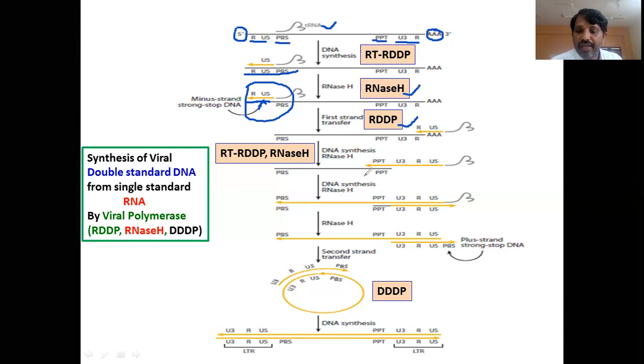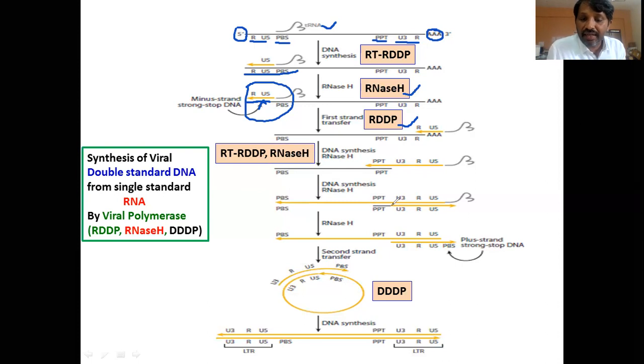Once the DNA synthesis comes up to the polypurine tract, it synthesizes the entire region up to the PPT. The PPT, the polypurine tract in the RNA region, remains, and this PPT acts as a primer for synthesis of the second DNA strand.